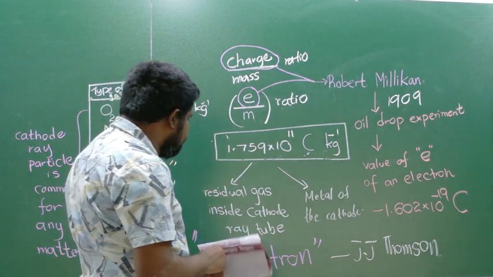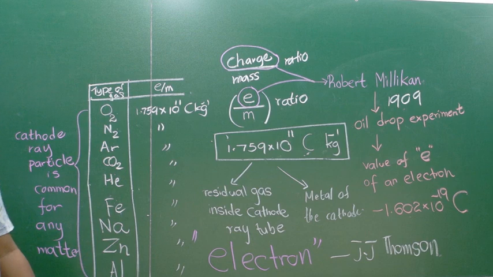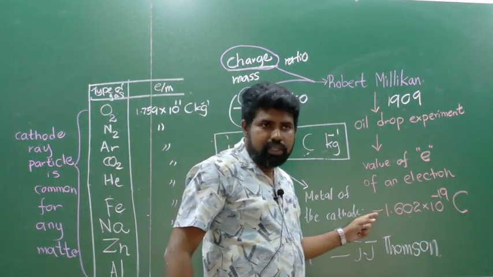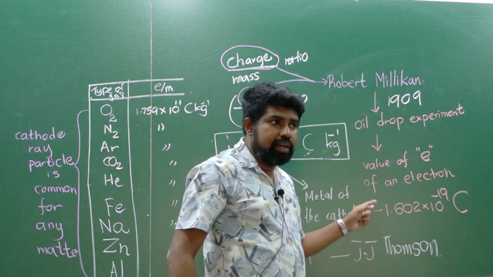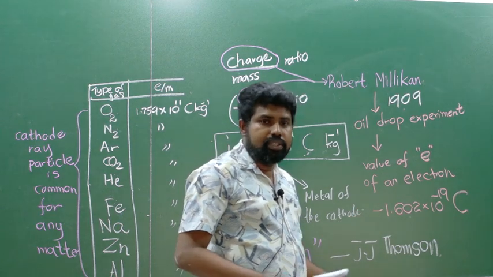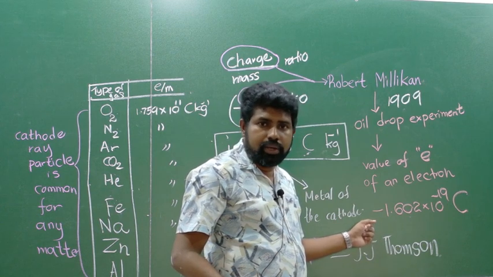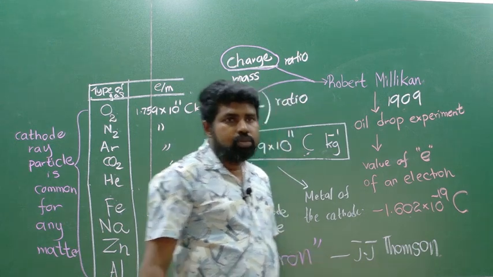So you have to know that Robert Millikan's oil drop experiment determined the charge of an electron, minus 1.602 times 10 to the power minus 19. The minus sign was put because the electron, the cathode ray particle, is negatively charged, which is why the negative mark is placed. Without the negative mark, the value is 1.602 times 10 to the power minus 19 coulomb.